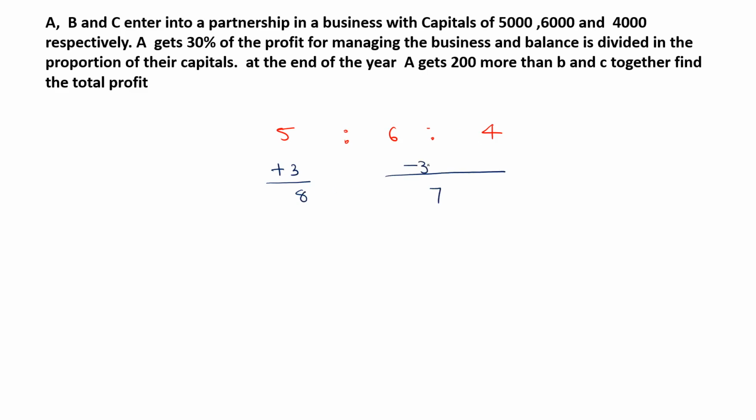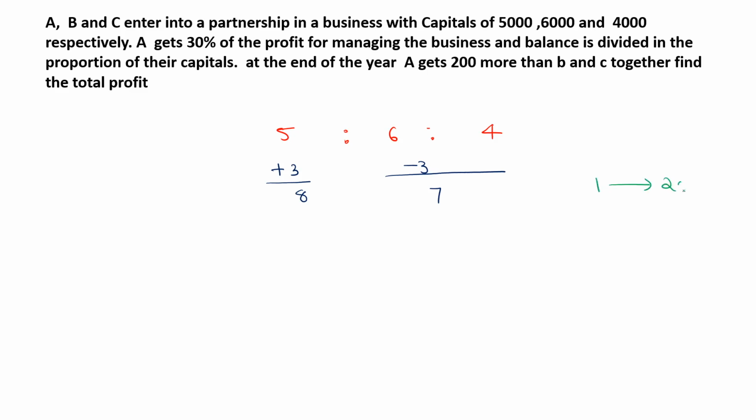When 3 is subtracted from the summation of 6 and 4, B and C together are left with 7 and A is left with 8. And the difference of the profits between A and B and C together is 200 rupees. When A got 8 units and B and C got 7 units, the difference is nothing but 1 unit.